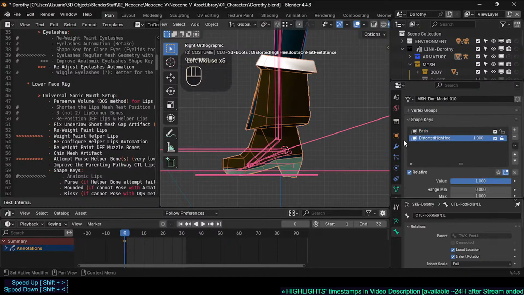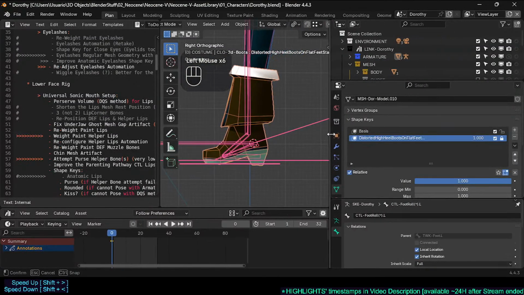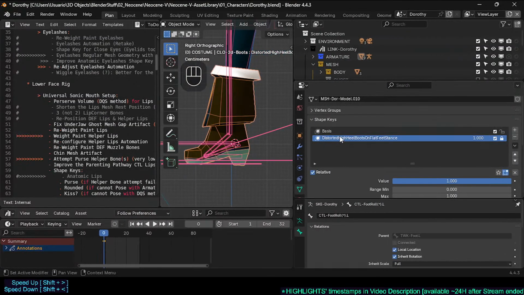It's a distorted high heels boots and flat. So this is a corrective, yeah, we could call it that, but it doesn't matter. Yeah, corrective high heel, it's a corrective, that's it.